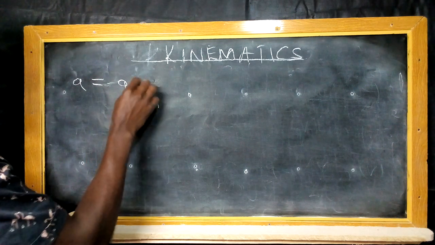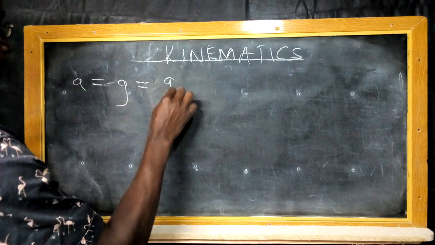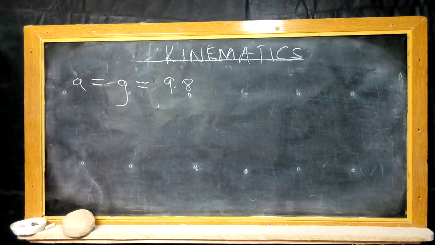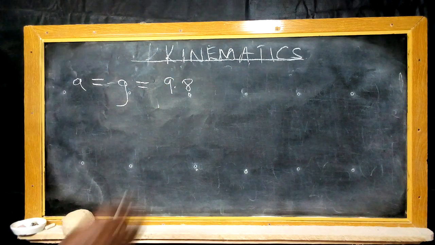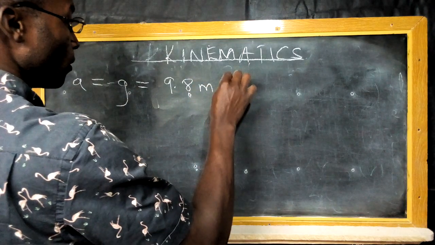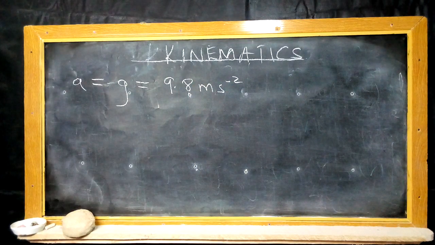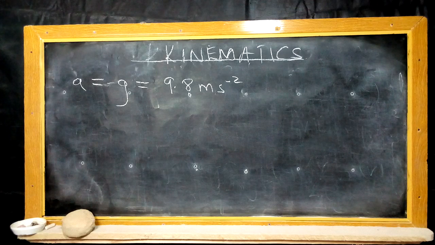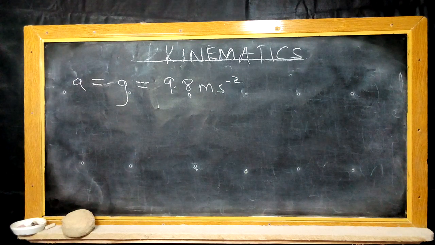Acceleration due to gravity is a constant which is 9.8 meters per second squared. So this means that whenever objects are moving towards the surface of the earth, or maybe they are being thrown up, they'll be subjected to some kind of acceleration, that is acceleration due to gravity.